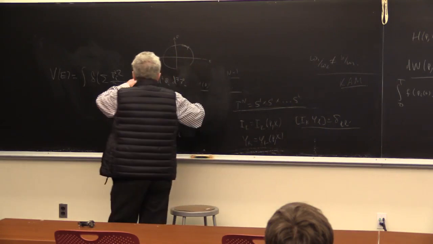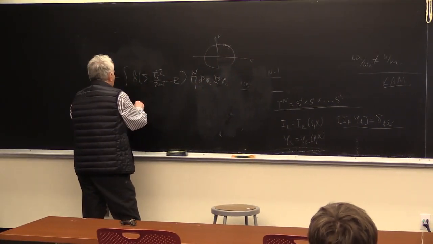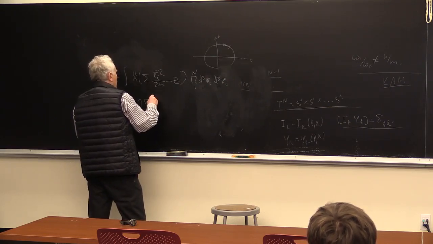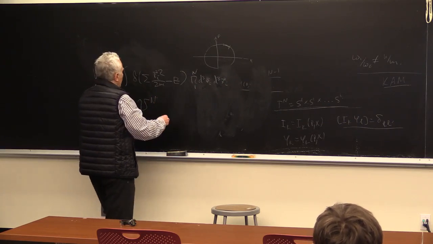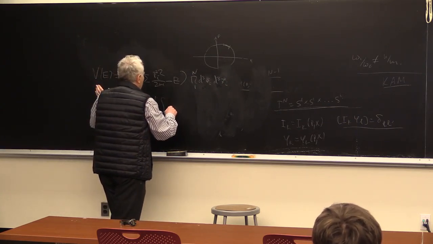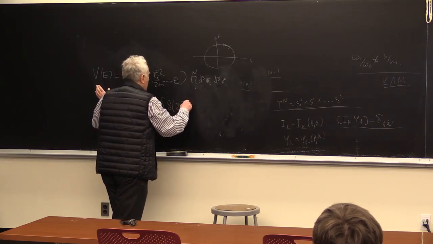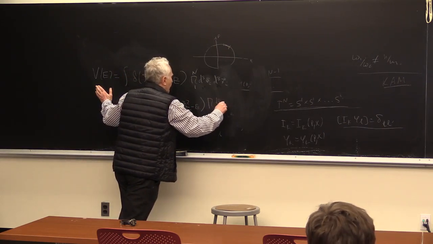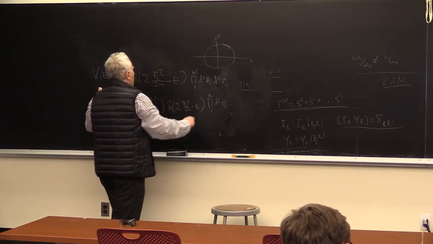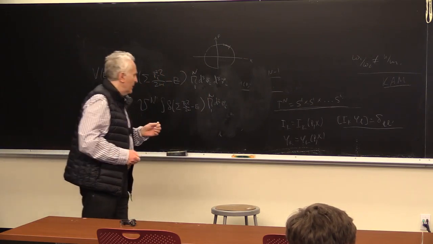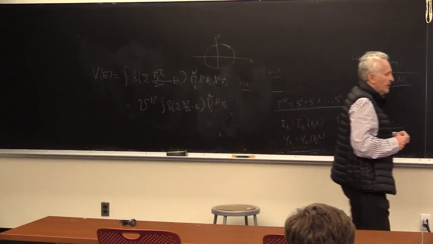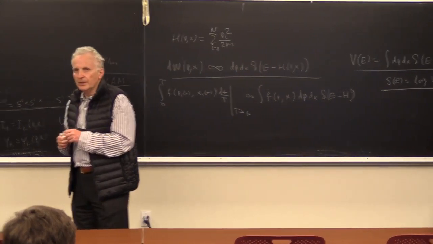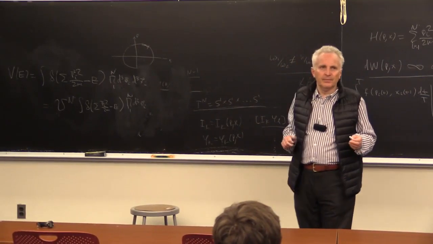So it's, let's call it the spatial configuration volume to the power of n, times the integral of the delta function of the sum of p_i squared over 2m minus E, and now I claim you can immediately figure out how this second integral depends on the total energy. How does it depend on the total energy?